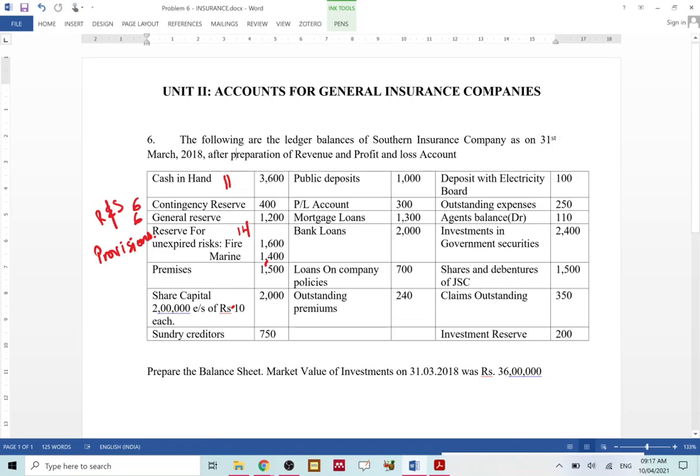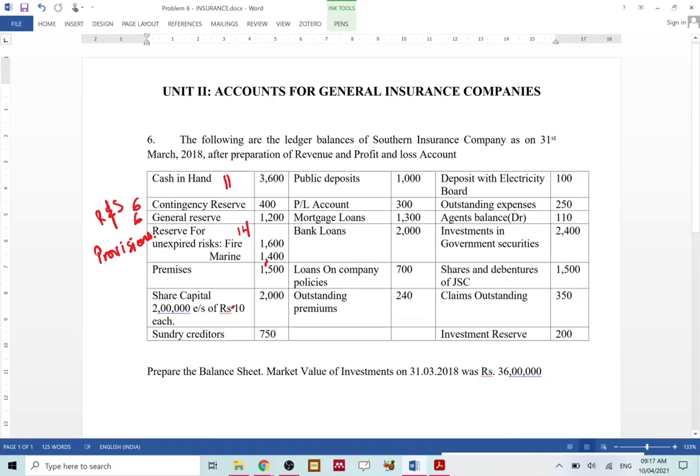Part of the profits that are set aside, retained profits, but provisions are the provisions that you make to account for possible losses, correct? Any loss might occur, or people might not pay premiums, so for that matter you make certain provisions, correct? So this is under schedule 14, provisions.